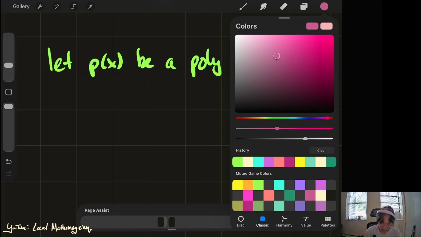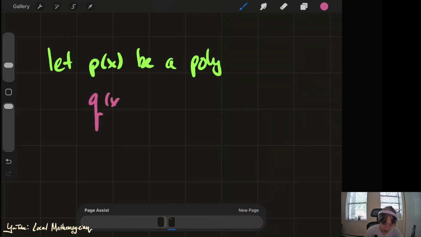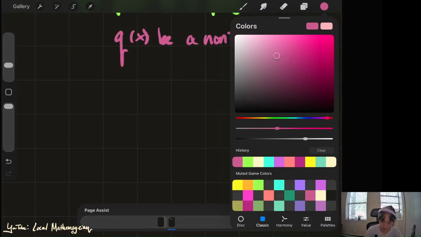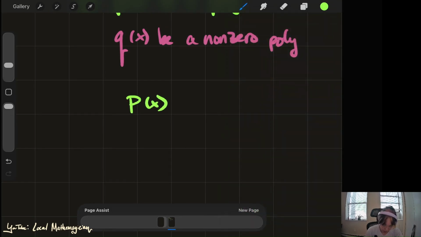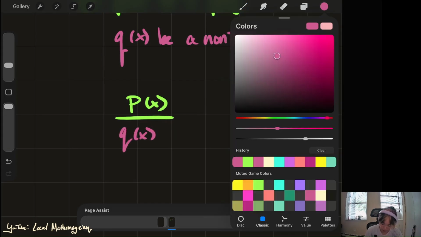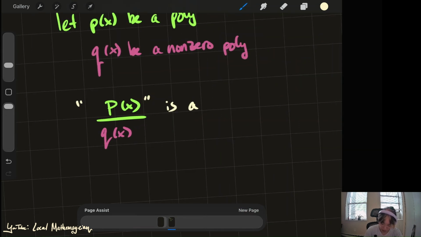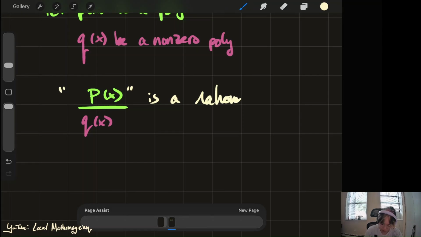Similarly, let q of x be a non-zero polynomial. Then p of x over q of x is a rational expression.